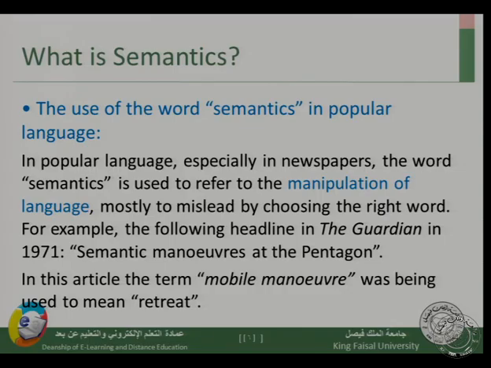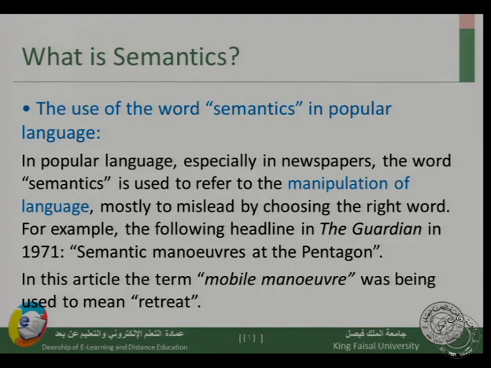So for example, in an article in The Guardian called Semantic Maneuvers at the Pentagon, published in 1971, the word semantic is not used in the same way as we use it in linguistics. It is used here to talk about the manipulation of language. So in the article, the term mobile maneuvers was being used to mean retreat.